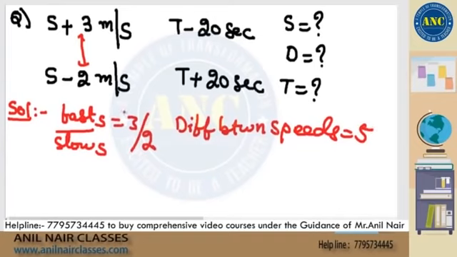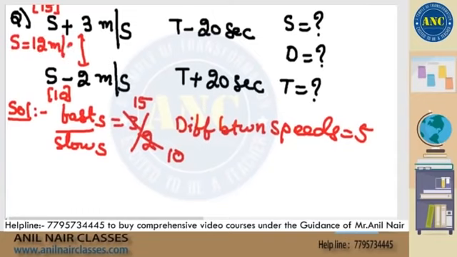Difference is 1. So multiply by 5. This is 15 and it is 10. So top one it is 15, next it is 10. If you observe, s plus 3 is 15, s minus 2 is 10. Original speed directly I got it as 12. Pure common sense way of solving.